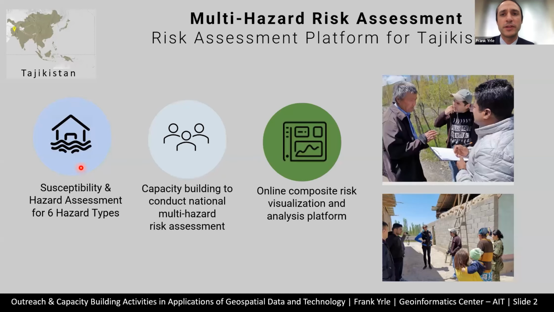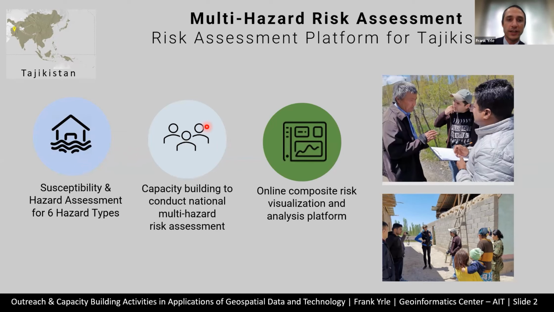I'll just briefly mention this project in Tajikistan where we were doing a multi-hazard risk assessment. Here we were doing a hazard assessment for 6 different hazard types, including earthquake, landslide, avalanches, flash flood, drought, and sandstorms. With that hazard assessment, we were also training some local experts on how to conduct a national multi-hazard risk assessment.